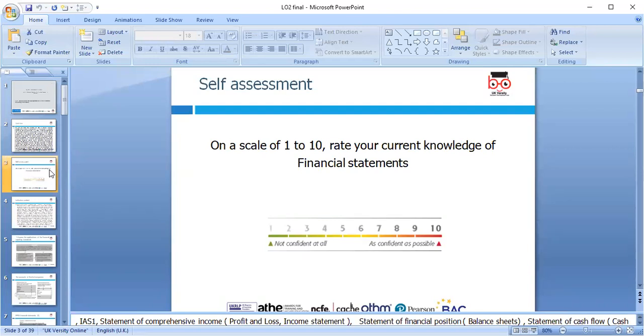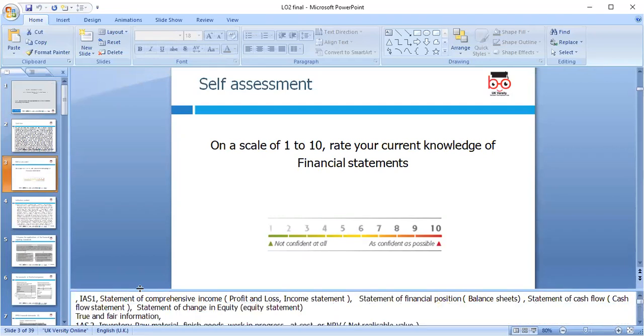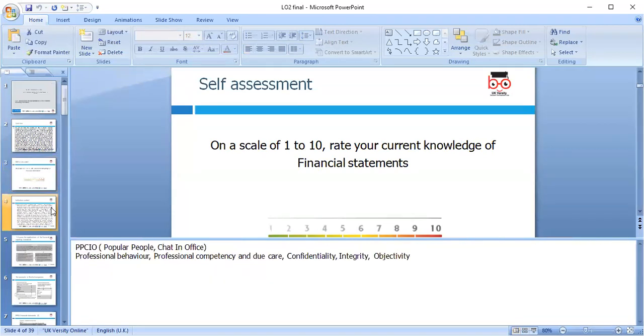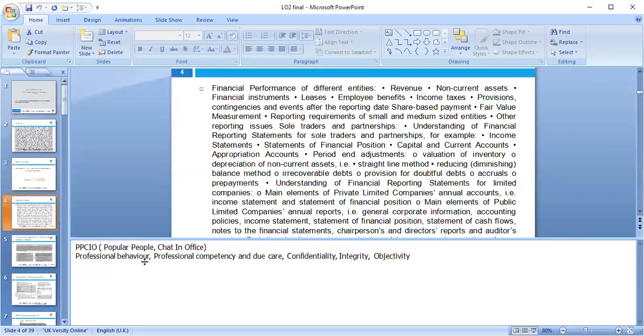Under IAS 1, International Accounting Standard 1, we prepare 4 types of financial statements: statement of comprehensive income, statement of financial position, statement of cash flow, and the statement of changes in equity. Under IAS 1, we need to prepare financial statements that give us true and fair information about the financial matters, and we should provide the information to the various stakeholders.